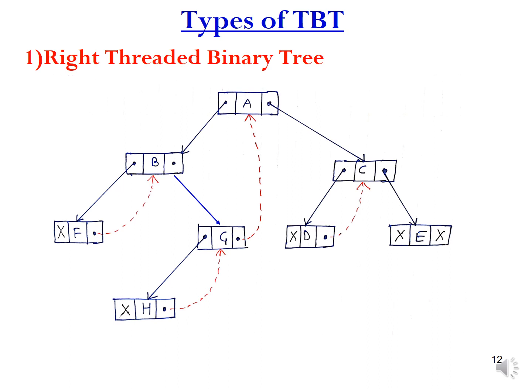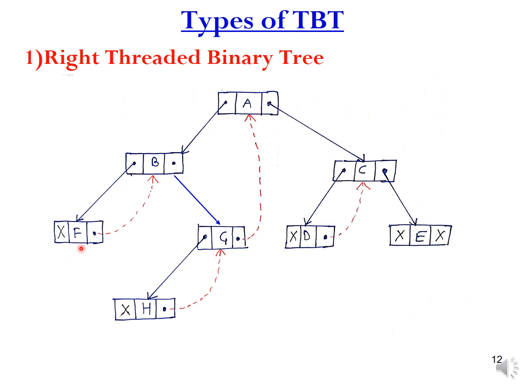Now we'll see the right threaded binary tree. In a right threaded binary tree, all the right null pointers point to their in-order successors. In this figure, we can see the nodes F, H, G, D. Their right null pointers are pointing to their in-order successors.